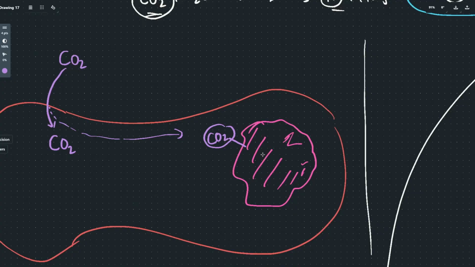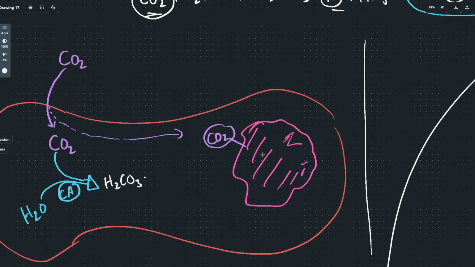Most of the CO2 that comes here reacts with water, as we have discussed already, under the presence of carbonic anhydrase that speeds up this reaction, and it forms H2CO3.